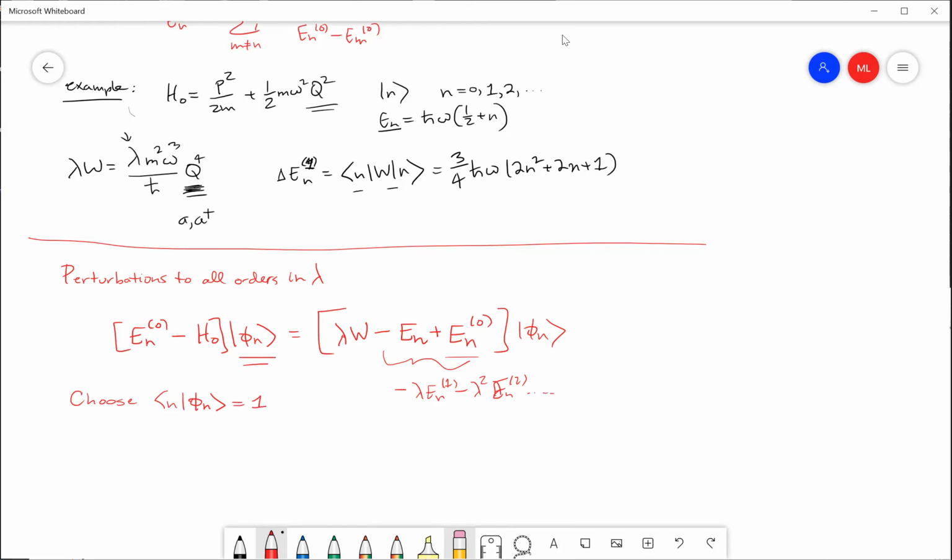It's the appropriate normalization to choose for doing perturbation theory to higher orders. You can later fix the normalization, of course. Once you find your perturbed states, you can later fix it so that the norm of phi n is equal to 1. But you can do that later. At first, you just assume that this is true and then find your solution for phi n, and then you normalize it afterwards if you want.